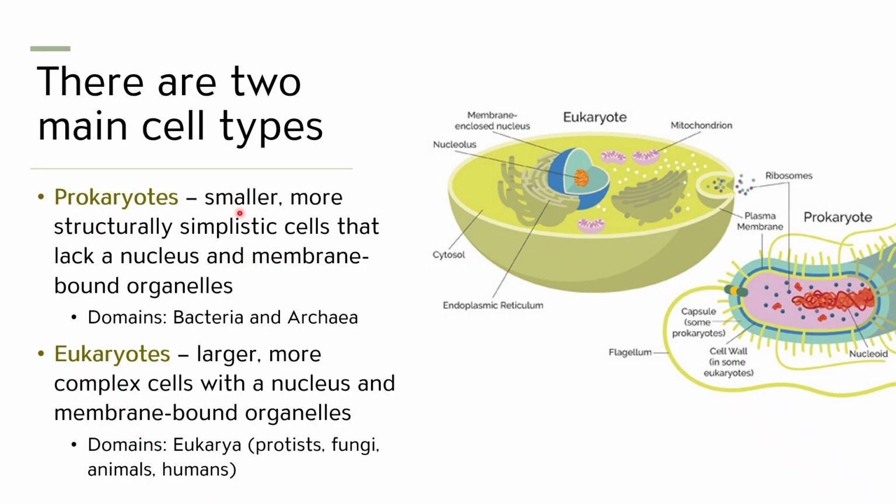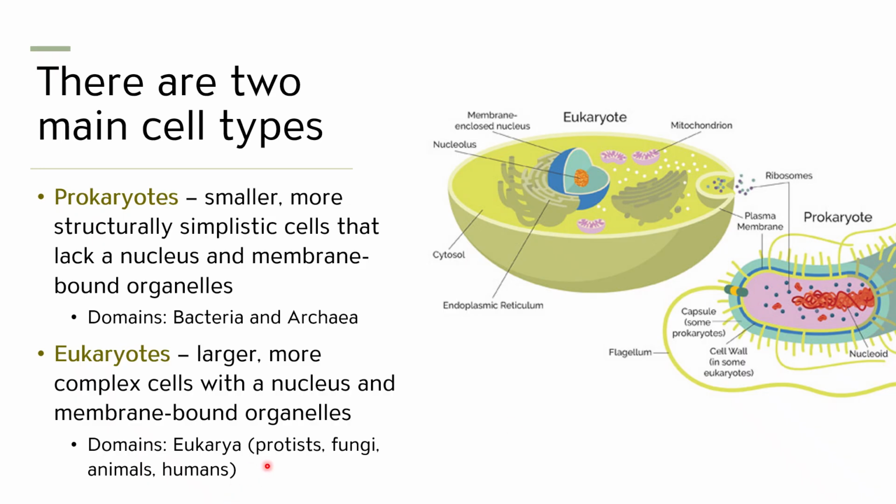Smaller, yes, that's true, but the most important thing to know is they do not have a nucleus, and they do not have any organelles that are made up of membrane. So they have some organelles like little ribosomes and other types of organelles that are not made of membrane. But any type of nucleus or mitochondria or ER, any of those things, they're all made of membrane, so these guys do not have them.